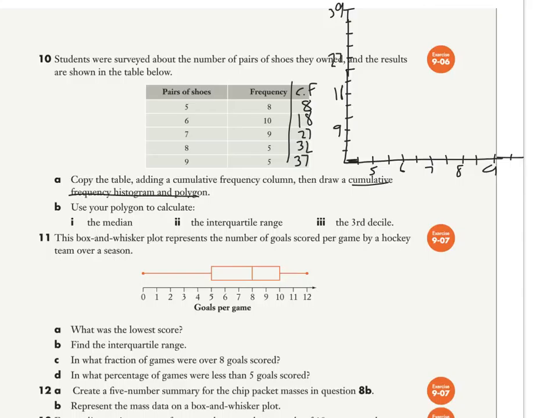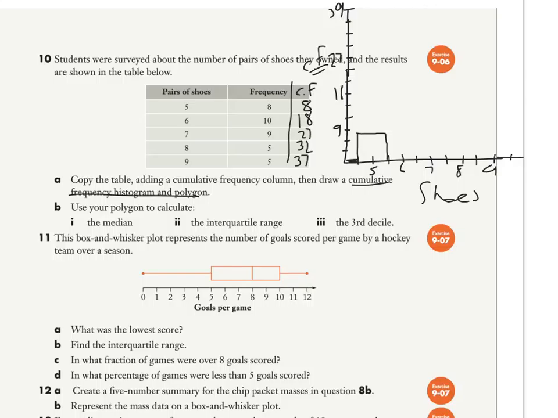Okay, so that is our cumulative frequency axis, and this is our shoes. Okay, so the score of 5 goes up to 8. No gaps.